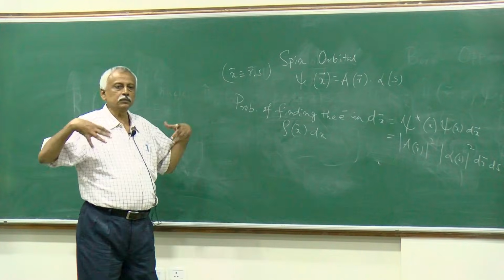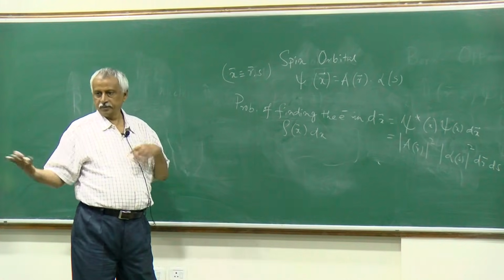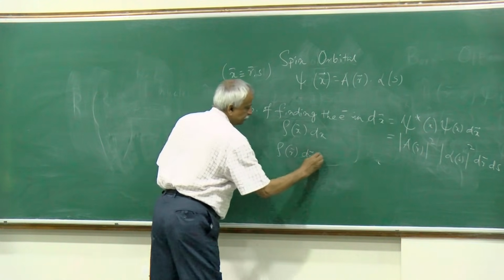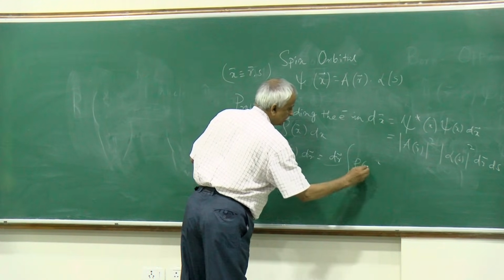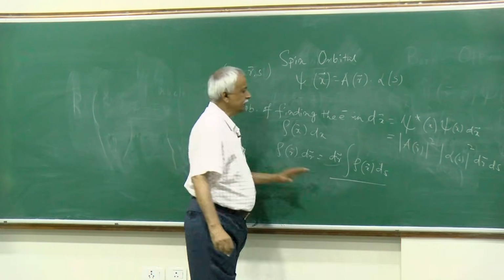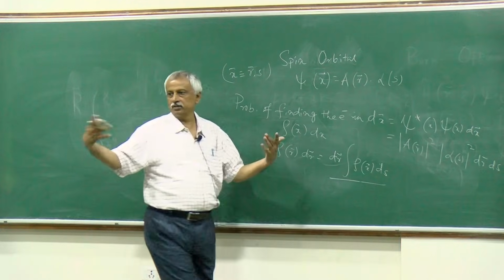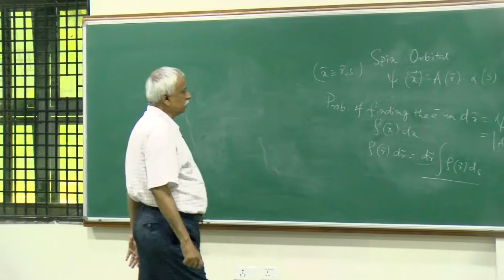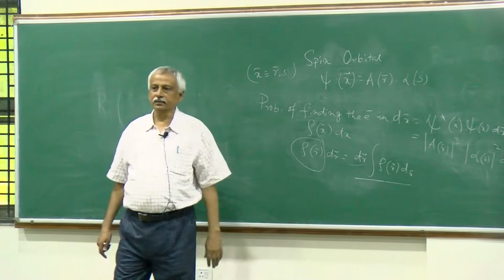And now, if I don't want to have any relation to spin, like it may be alpha spin, it may be beta spin, then I can get rho(r) dr as dr integral rho(x) ds. Actually, we don't do integration, we do summation, because spin is not a continuous variable. So what is this rho(r)?